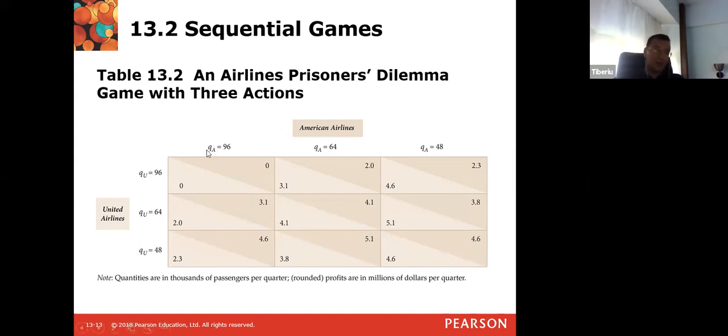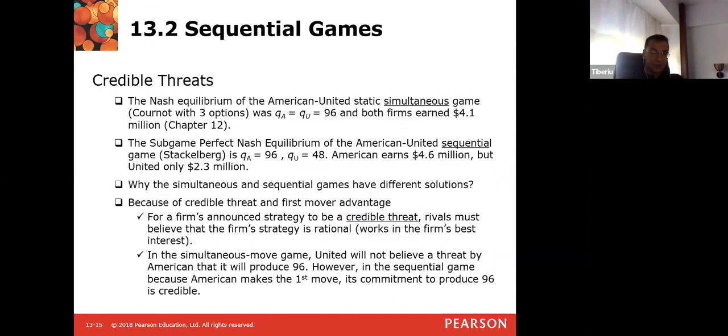So if American produces 96 passengers and United 96, there is zero profit for both. 64 and 96 gives 2 million profit, 3.1, and so on. Profit. So, credible threats.